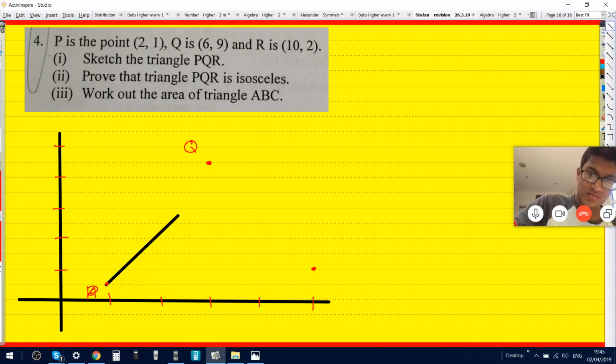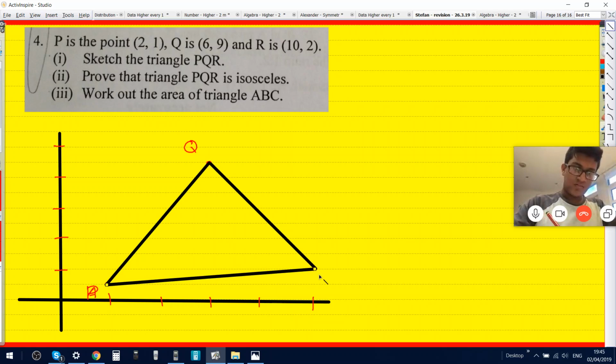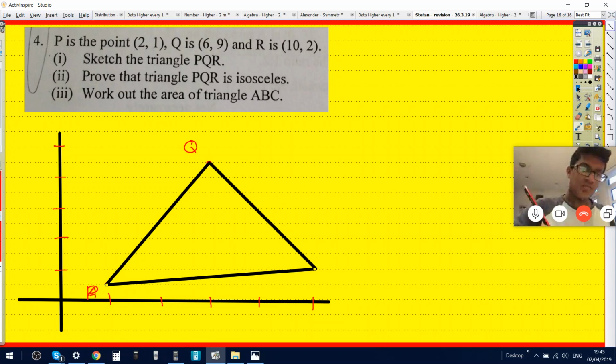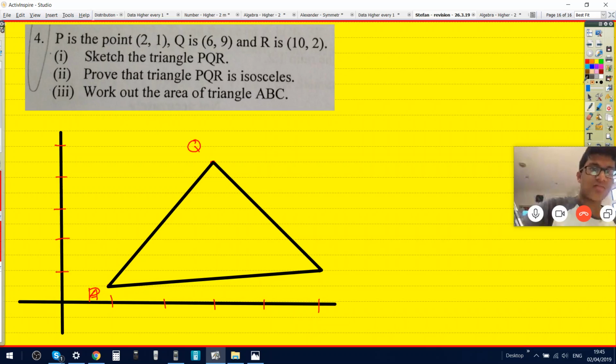I just drew in a little scale to help me, but actually this is just a sketch, so you don't need any kind of scale. Just so long as all 3 coordinates are in the top right quadrant and that they make sense, like P is underneath Q, and Q is to the right of P and the left of R, that type of thing.